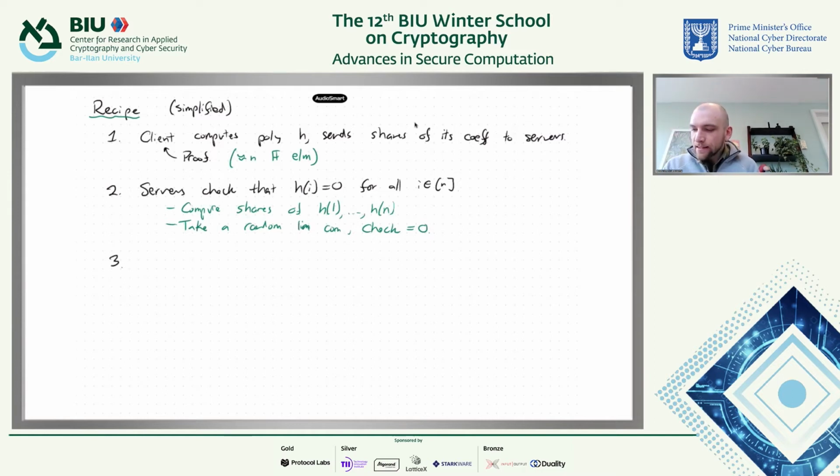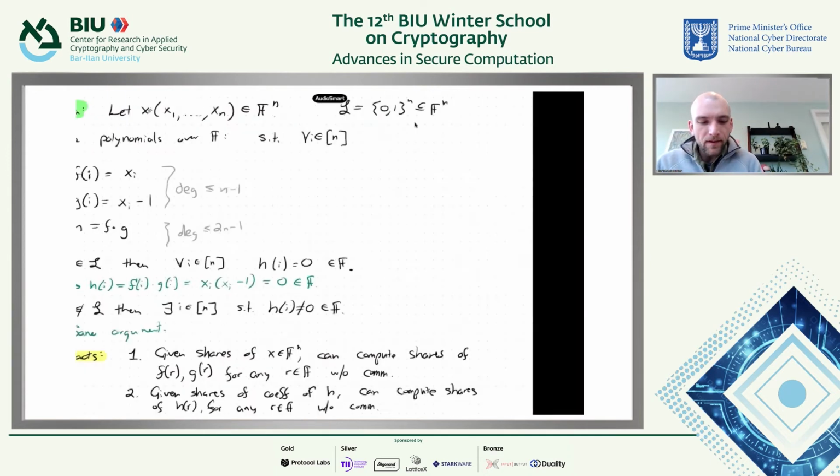And the third thing is they need to tie their input x to the values of this polynomial h. So what the servers do in the last step is check that f times g equals h.